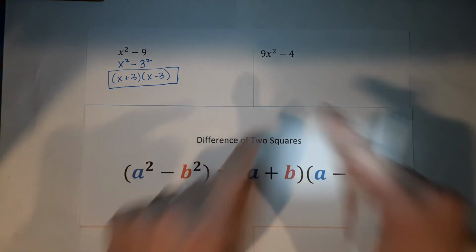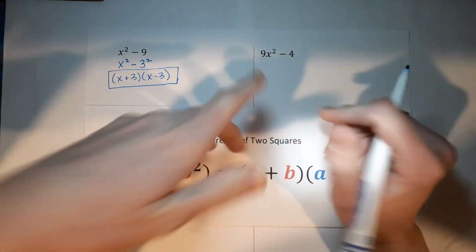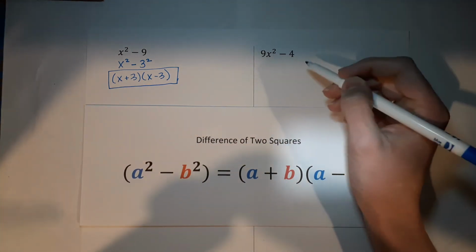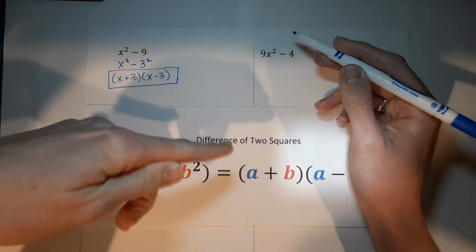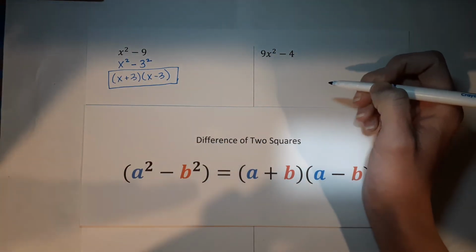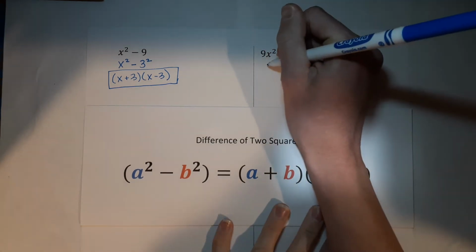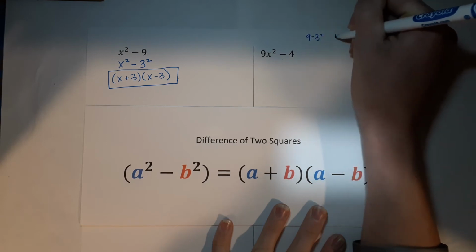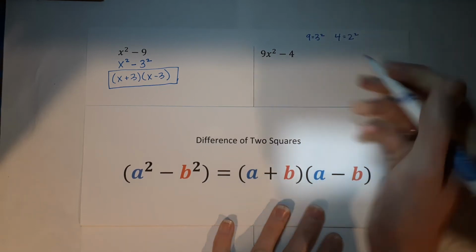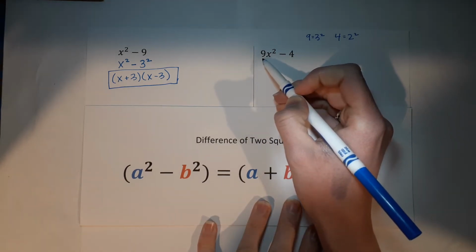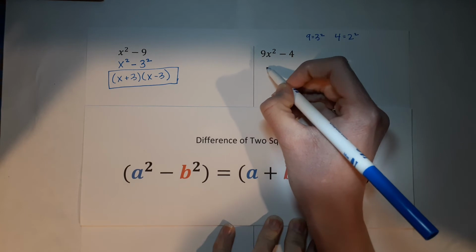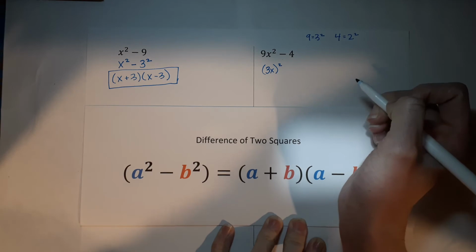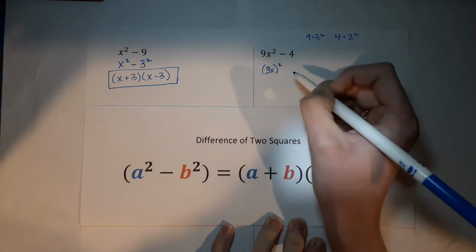Now what about when we have a number in front of this x squared? Well, as long as it can be square rooted nicely. Let me show you what I mean. 9 is the same as 3 squared, right? 9 equals 3 squared, and 4 equals 2 squared. So I can write 9x squared as 3x squared, because this will equal this.